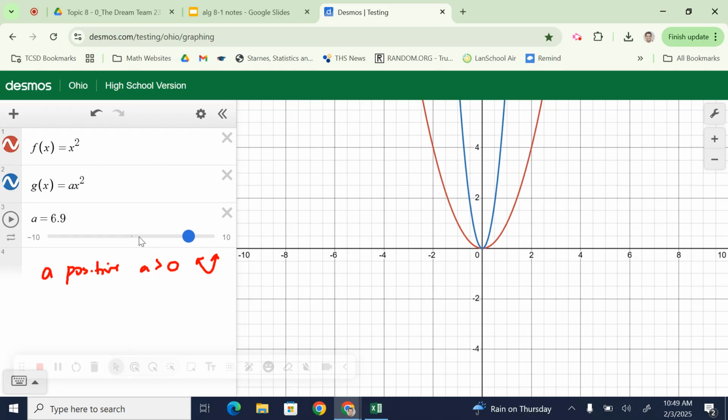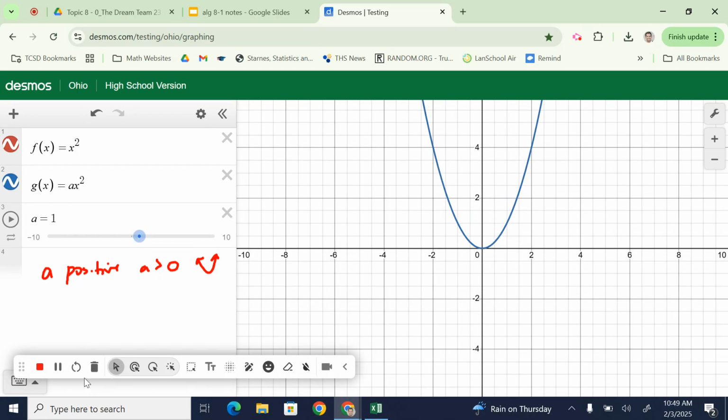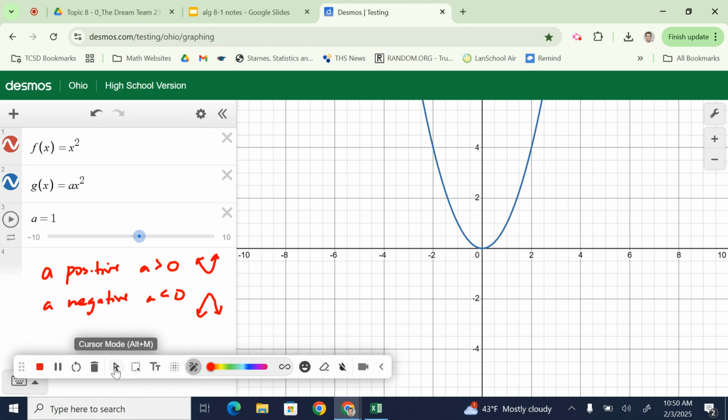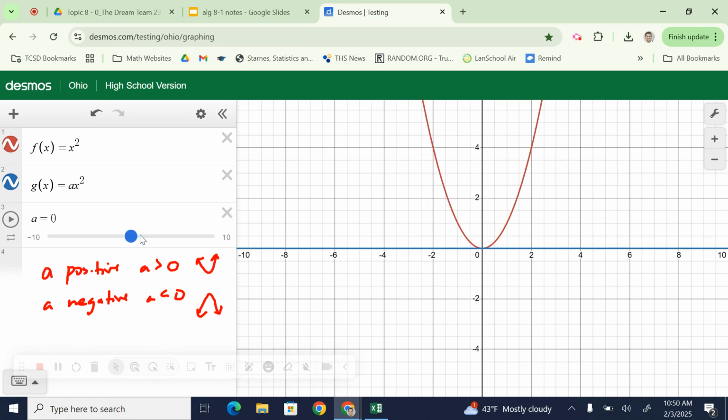Okay, let's get back to 1. Now, if a is negative, which means a is less than 0, you're going to see that my parabola is going to turn down. So there's 0. And look, negative numbers, notice the blue one is down.